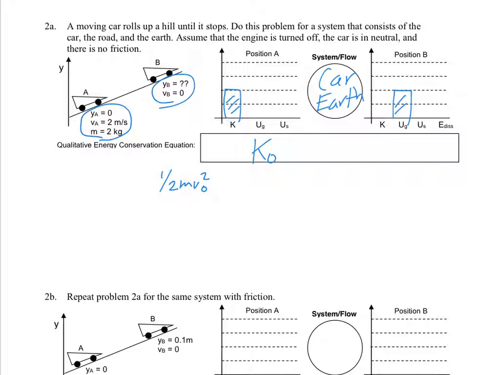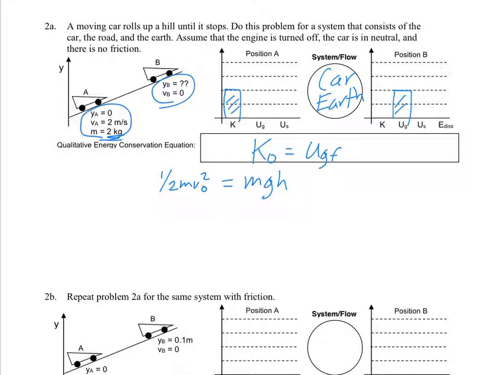And at the end, because it's going up a hill, all that kinetic energy went to gravitational potential energy, which was mgh. Well, in this simple case where we have mass on both sides, we could actually cancel that out and leave out the 2 kilograms in the problem. I'm going to go ahead and put it in just to put it in, but you could mathematically cancel that out.